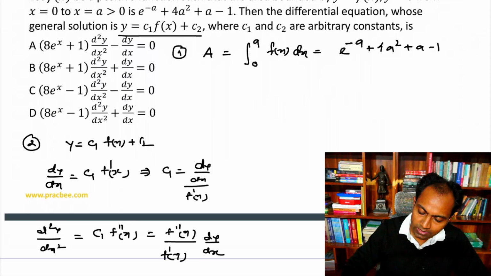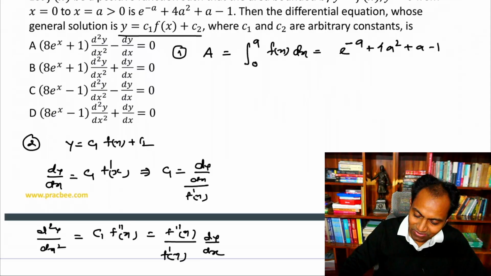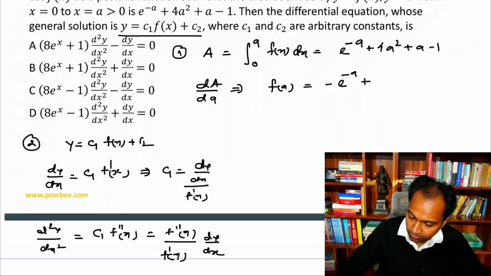Now for that we have been given an area based equation. So I am differentiating with respect to a on both the sides. If I use my Newton-Leibniz formula for doing that, what I get on the left hand side is f of a, and this will be equal to minus e raised to the power minus a plus 8a plus 1.